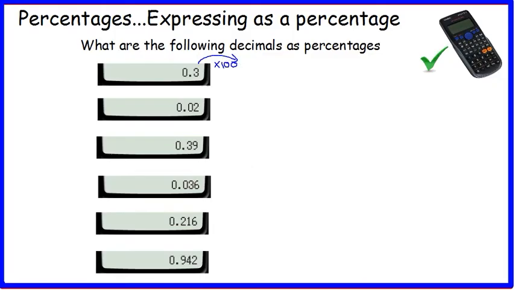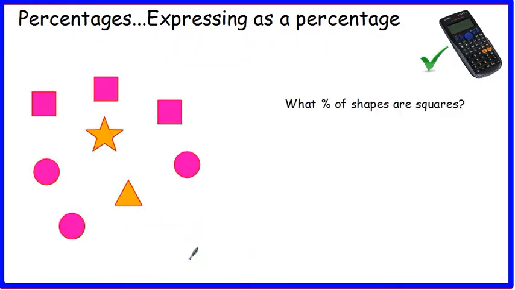So these decimals percentages are 30%, 2%, 39%, 3.6%, 21.6%, and 94.2%. So you would be expected to know how to change those decimals to a percentage by multiplying by 100, and most of the time you just do that in your head.